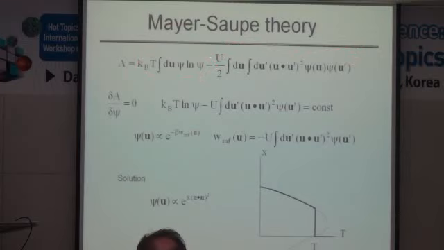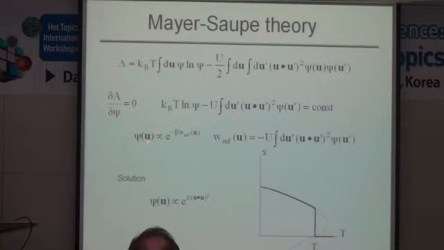And so this is the expression of the total free energy expressed as a functional of the orientational distribution function psi. The equilibrium state is determined by the condition that this A is minimized, and that gives you this expression.